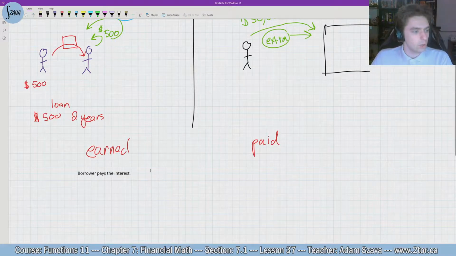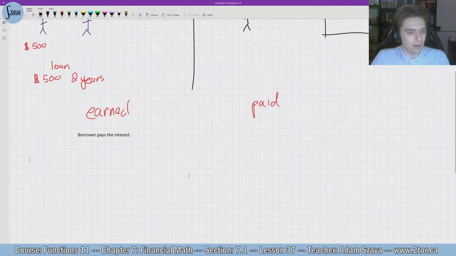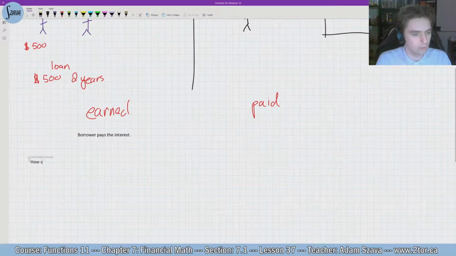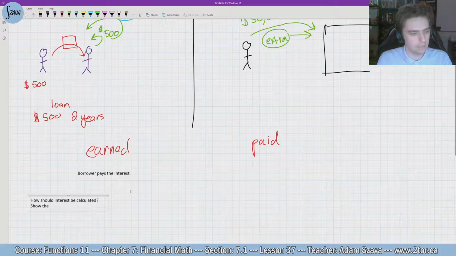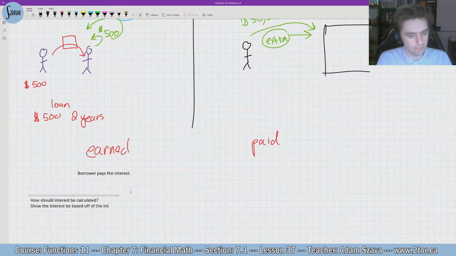So there's a whole bunch of questions you can ask now about interest. How should interest be calculated? How much should that extra be? Should the interest be based off of the initial amount of money? Should it be broken into many parts?